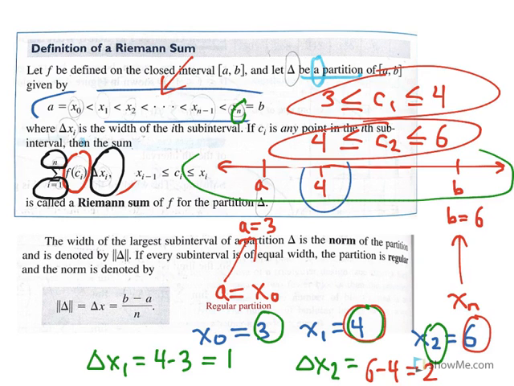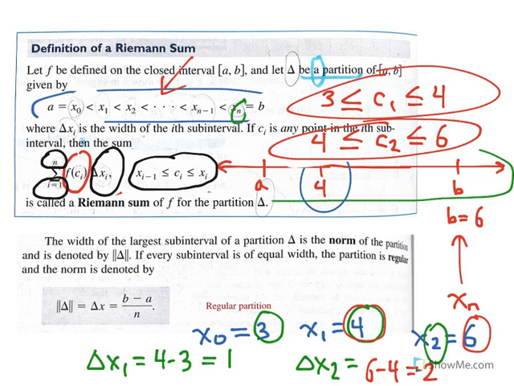So whatever function I have, I could do this and get a Riemann sum. And again, c sub i is between x sub i minus 1 and x sub i. This is called a Riemann sum of the function f for the partition delta.